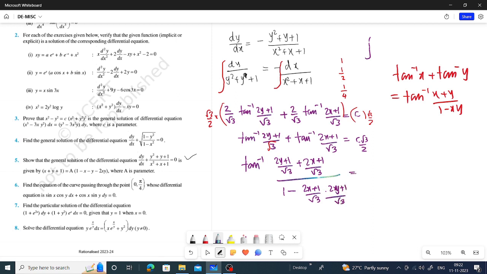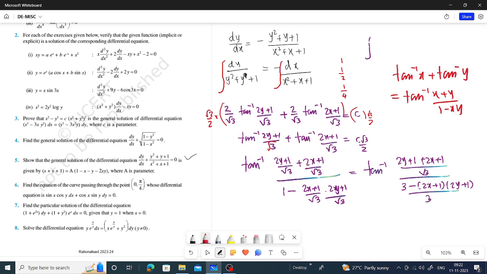So again if you simplify, and that is equal to c root 3 by 2. So if I simplify this, tan inverse 2y plus 1 plus 2x plus 1 by root 3 will come, divided by root 3 into root 3, 3, 3 minus 2x plus 1, 2y plus 1 divided by 3.